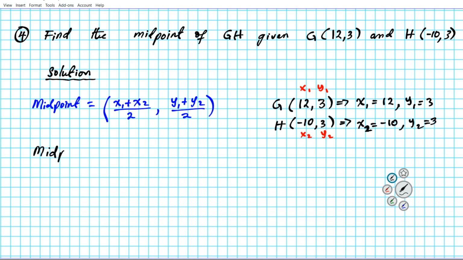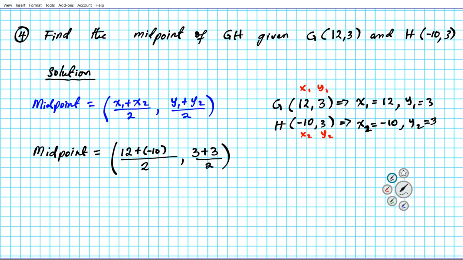The midpoint is going to be x1 plus x2, 12 plus negative 10, divided by 2. That's the x coordinate for the midpoint, and then the y coordinate for the midpoint is going to be y1, which is 3, plus 3 over 2.